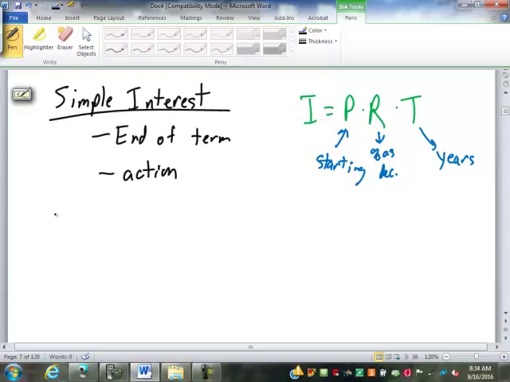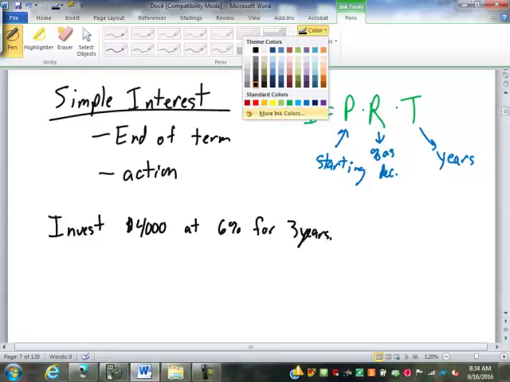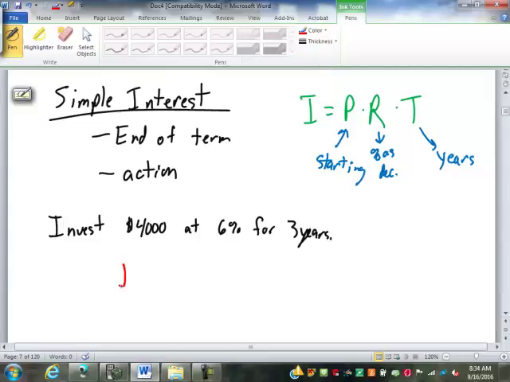So let's say you invest $4,000 at 6% for 3 years. The amount of interest you earn is going to be, what's your principal going to be? $4,000, your initial investment.